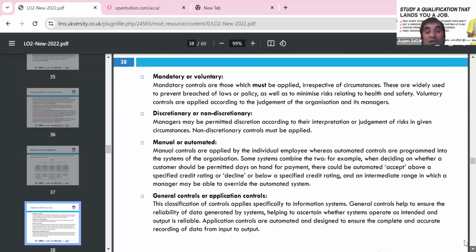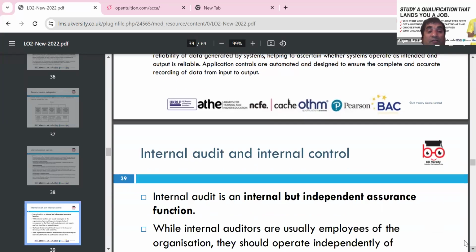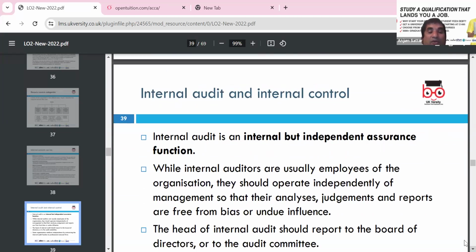Do we have a manual for it, are SOPs set up and being followed? And there is general control and application control. General control helps to ensure the reliability of the data being used. Nowadays we can integrate what is happening, so new legislation and the control system can be updated accordingly.